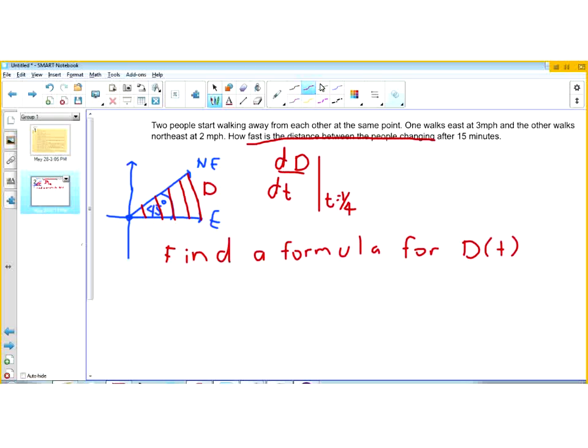Okay, so the way I would proceed is, the guy walking in the east direction, we call this distance x. Okay, so we call that distance x.